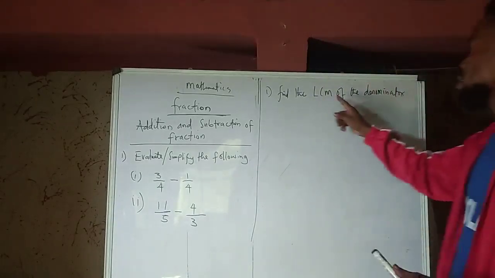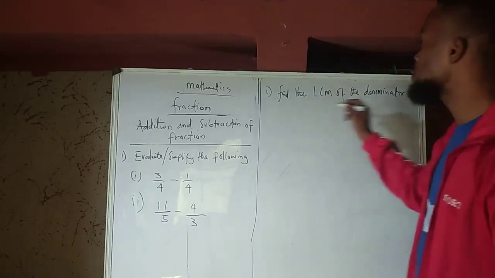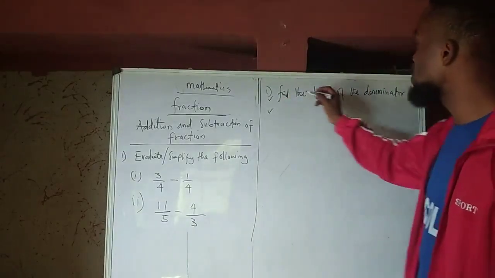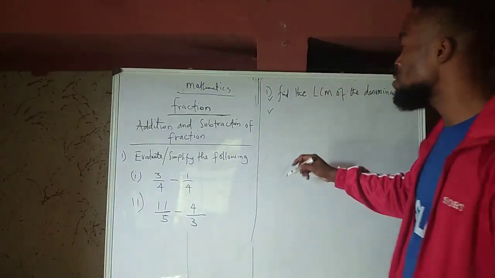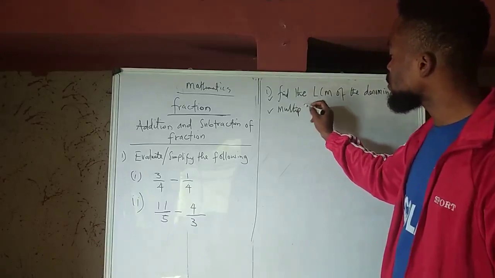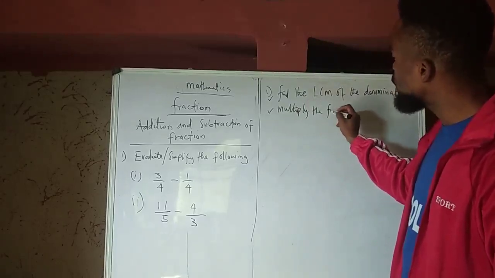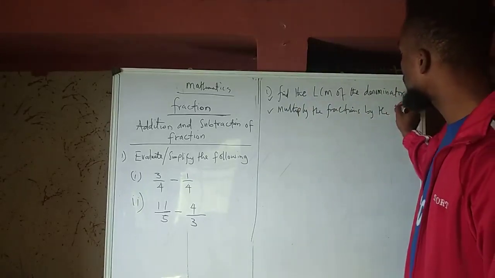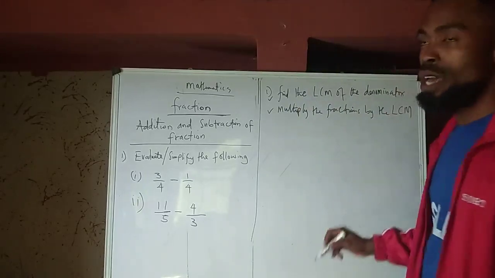LCM means lowest common multiple. The second thing to do is to multiply the fractions by the LCM.